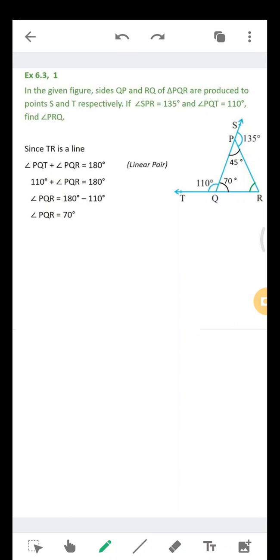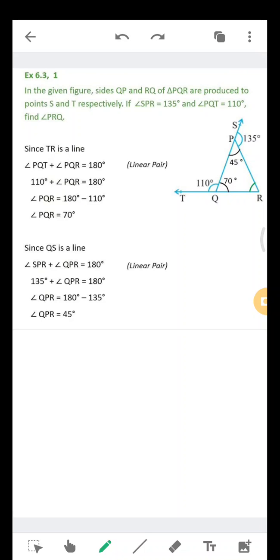So let's find the first angle. We can say PQT, this angle plus this angle will be equal to 180. So PQT is already given to you as 110. So we will find PQR, that is 180 minus 110, it will be 70. Then we'll find the other angle, that is QPR.